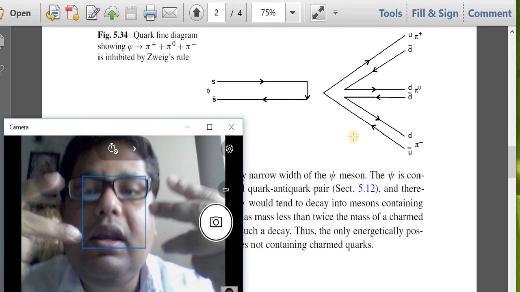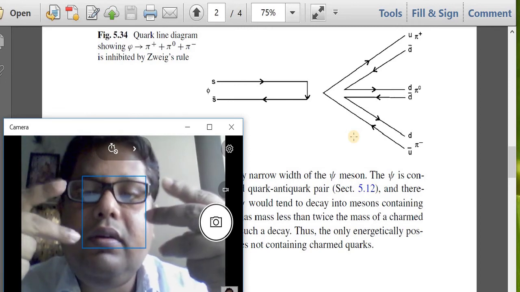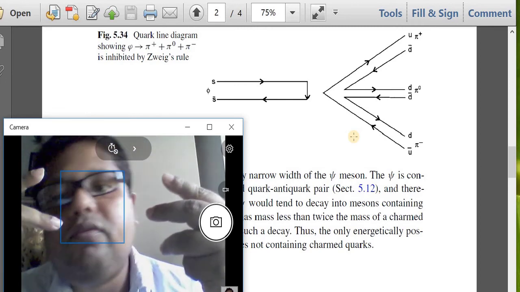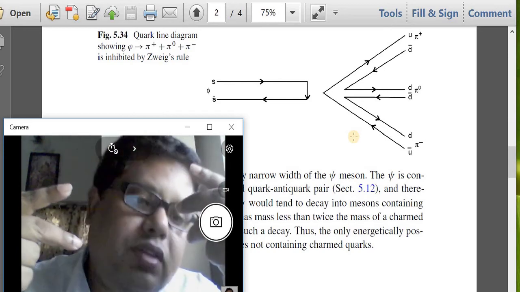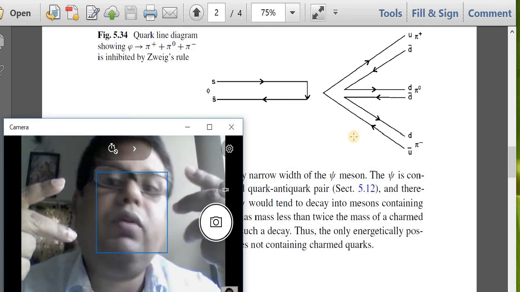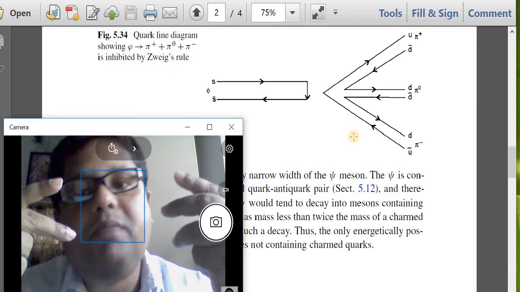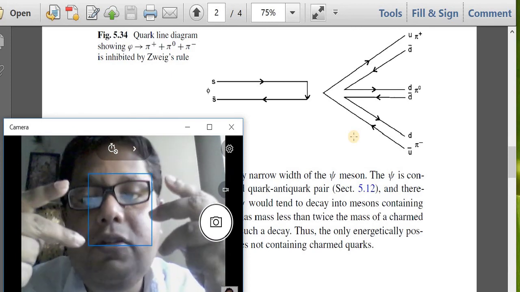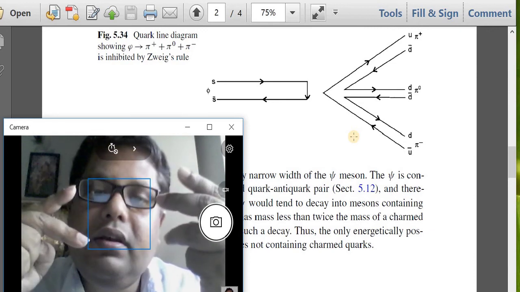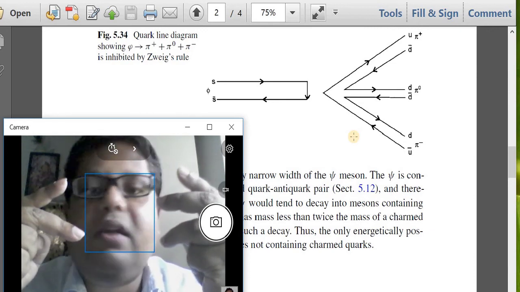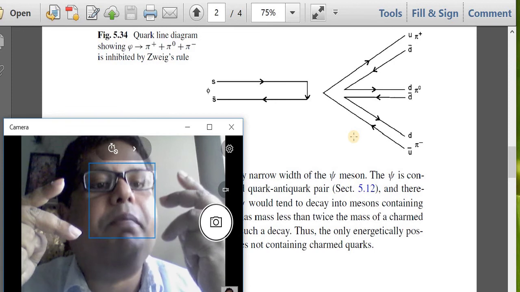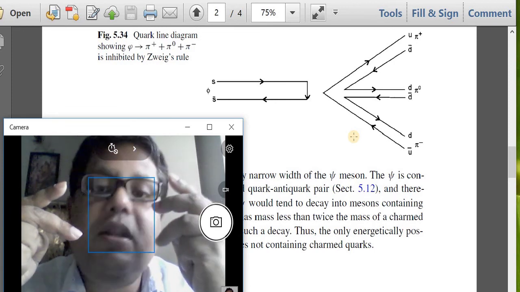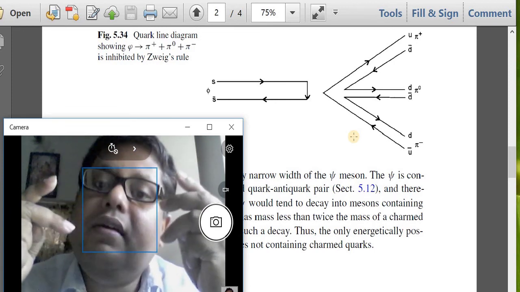Now how can you create these three particles from phi? Remember, if you have to create them, the S and anti-S quark must be there somewhere. But here you cannot connect them, because the pi plus, pi 0 and pi minus do not have any S quark with them.